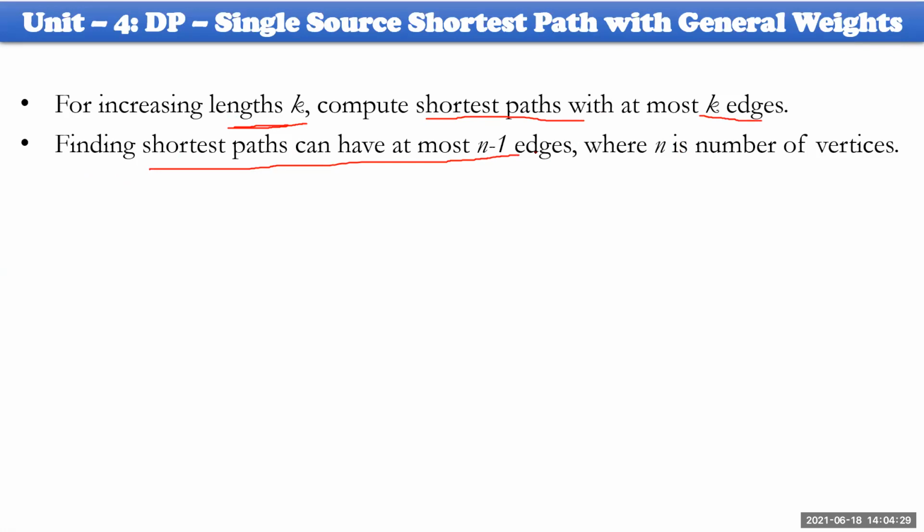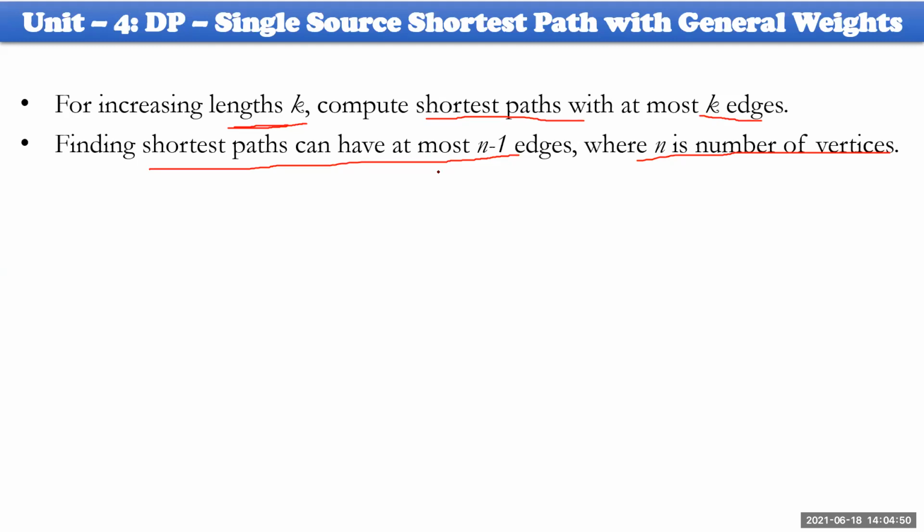Instead of k, you could write n, where n is the number of vertices here. So n will be equal to 5, so 4 iterations could be taken to find the shortest paths from the starting vertex to all other vertices.